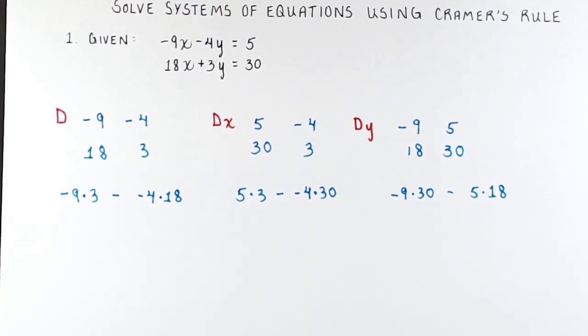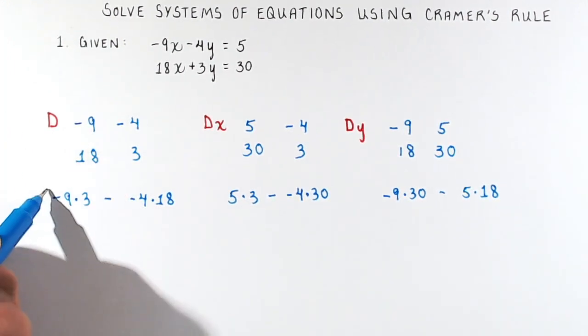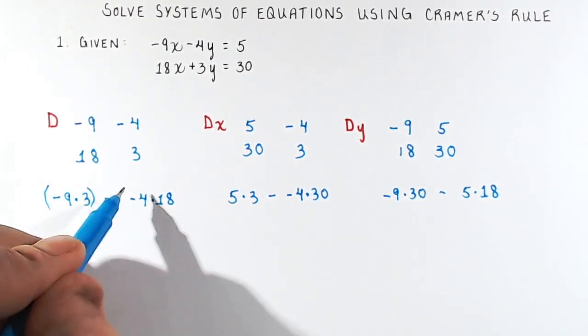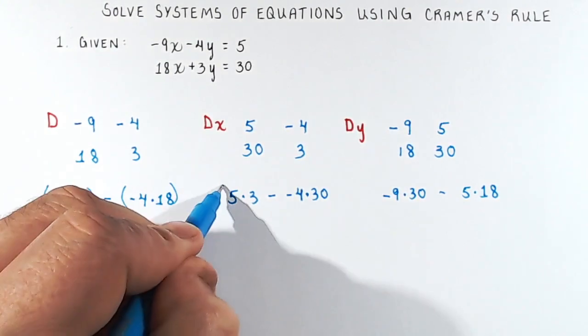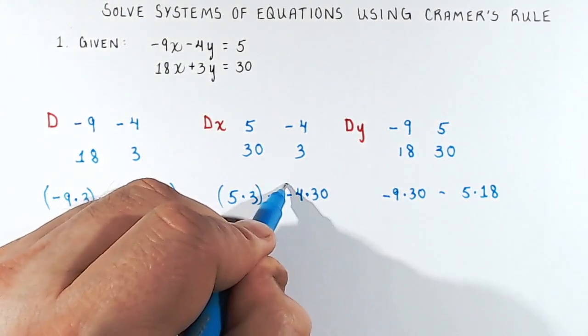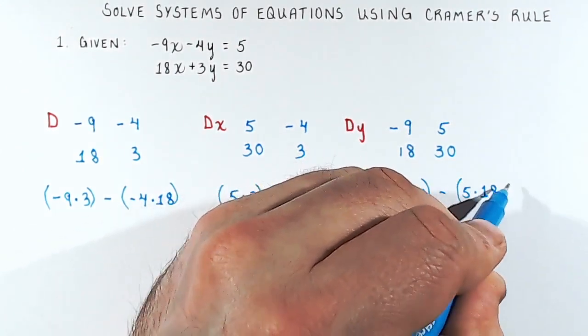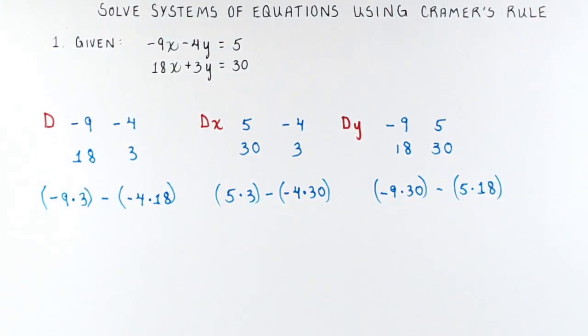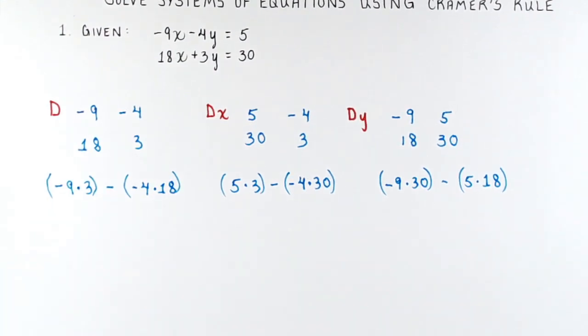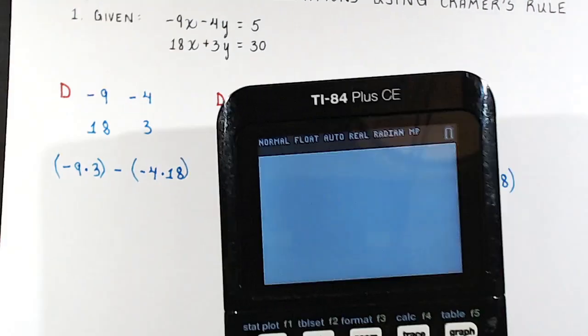A calculator can speed up the operations here. Remember your order of operations. You need to do these like this. Don't lose those negative signs. So the determinant D, let me turn the calculator on here.